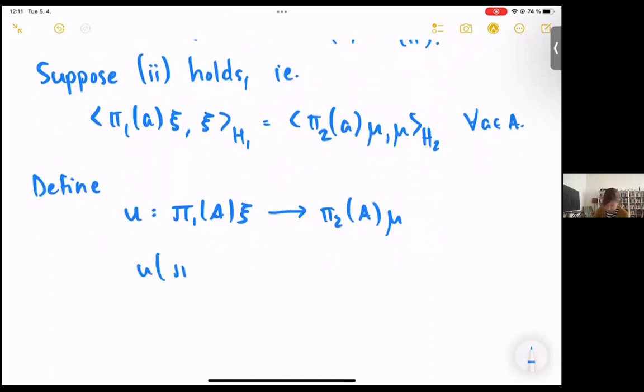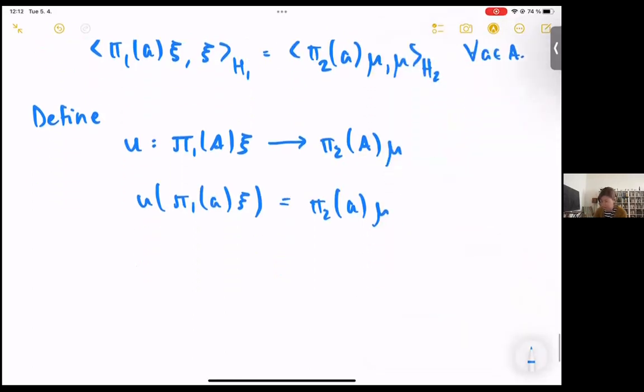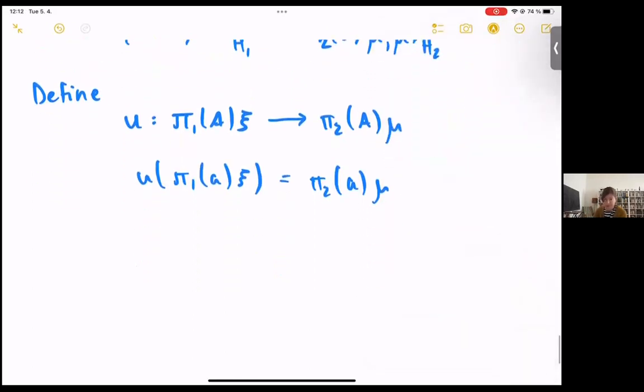So we're going to map pi 1 a psi to pi 2 a mu. And it's easy to see that this is at least a linear map. We would like to know that it's bounded so that we can extend it to H1 and H2.